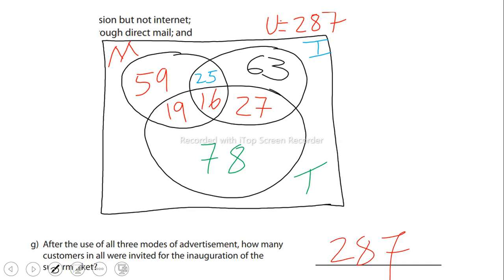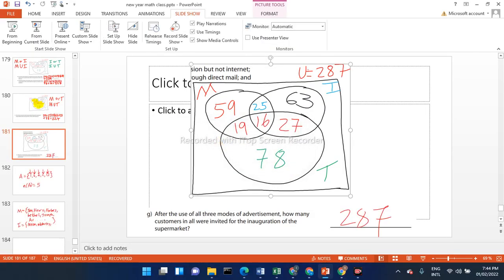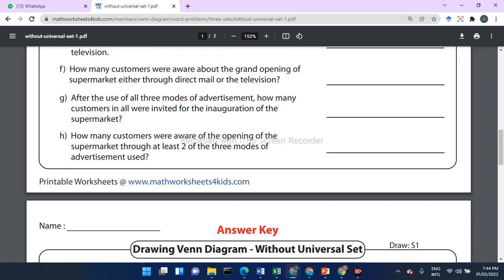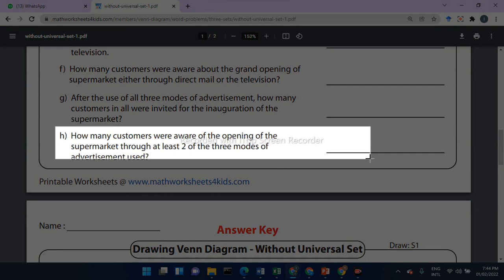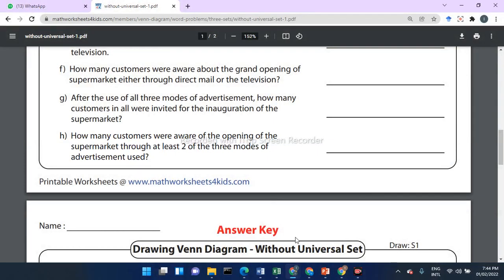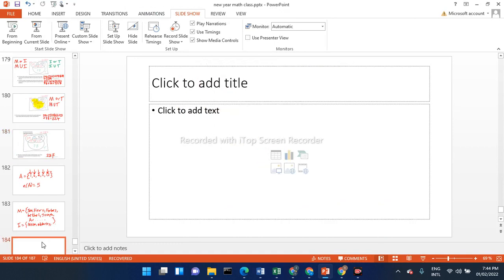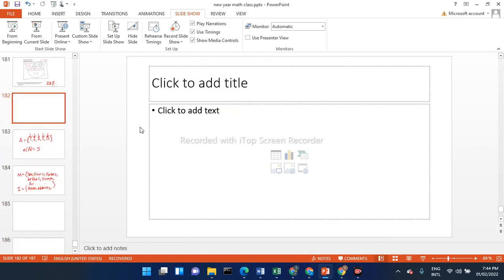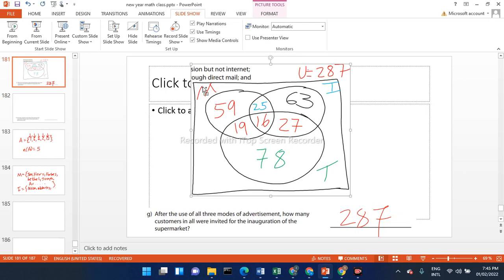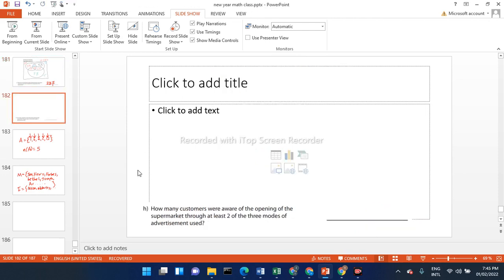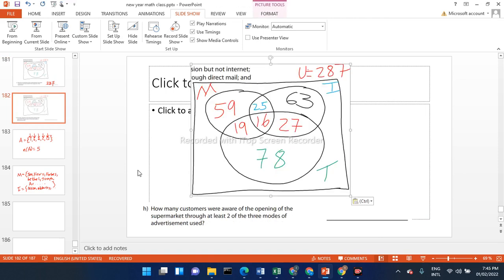Okay. Next up, the last question here is H. How many customers were aware of the supermarket's opening using at least two of the three modes?